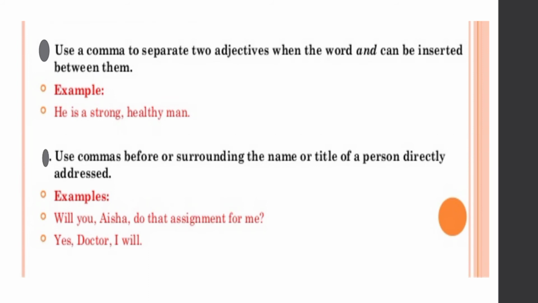Example, he is a strong, healthy man. Here we can insert and, but we are not inserting it. Instead of that, we are using a comma. He is a strong, healthy man.